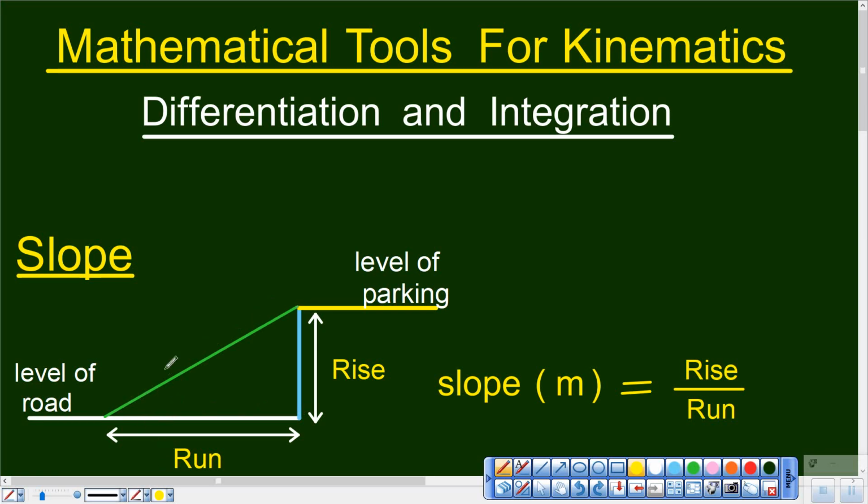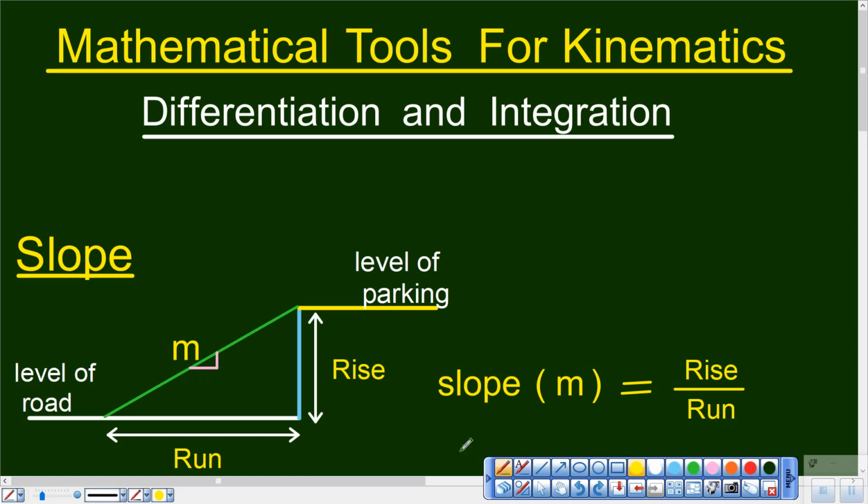We can show this in a diagram as we normally do. We make a small horizontal line and vertical line and write beside it the symbol m to denote that it is slope.